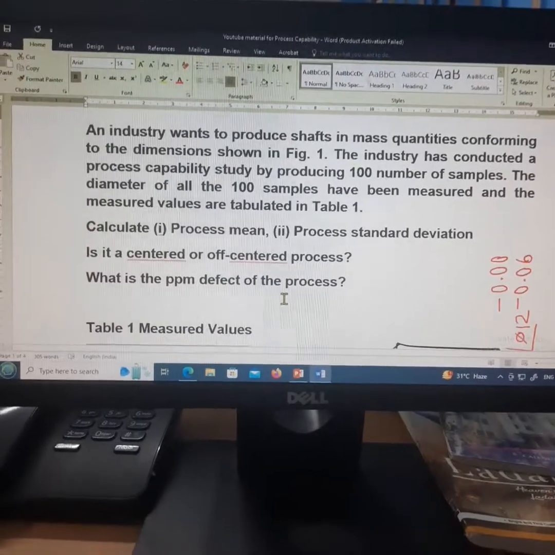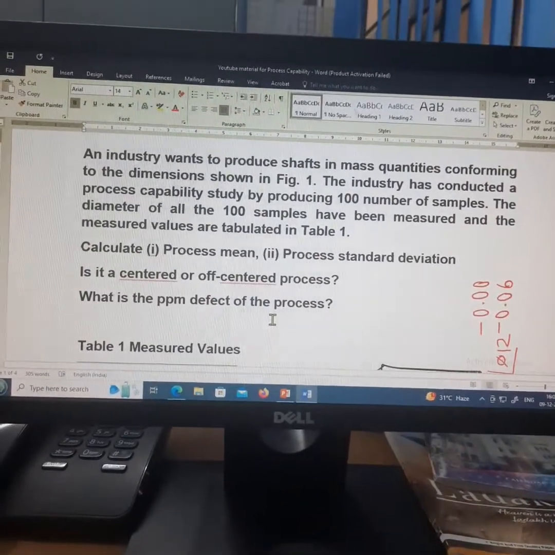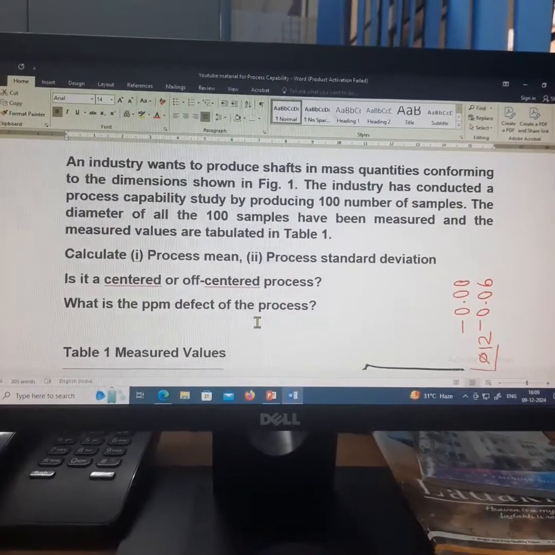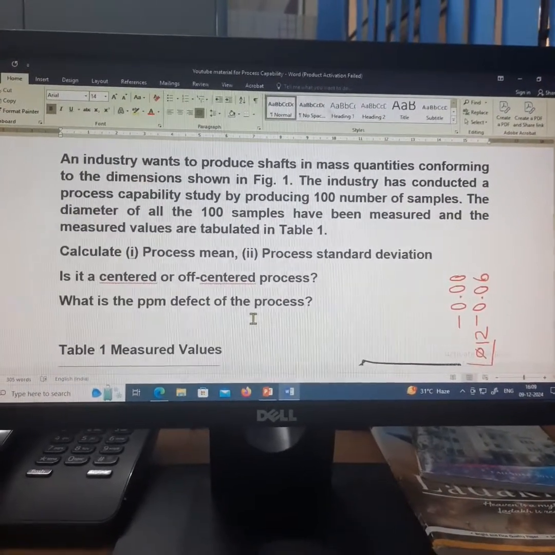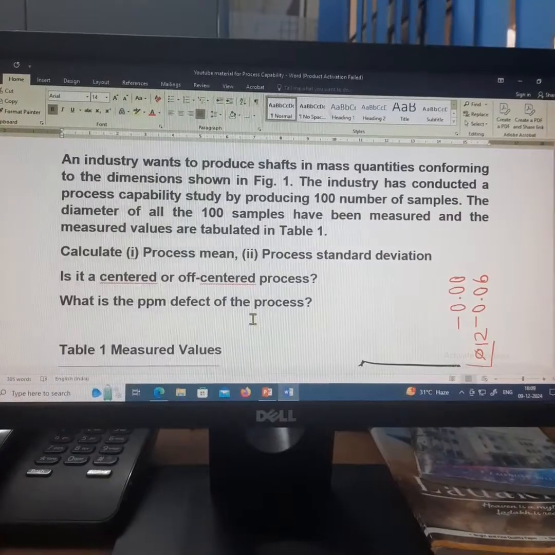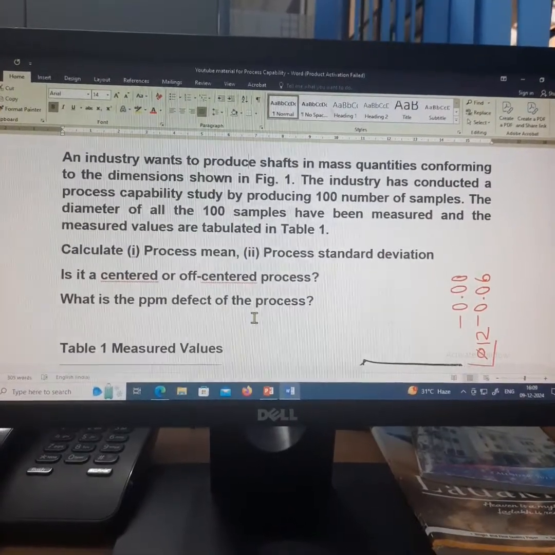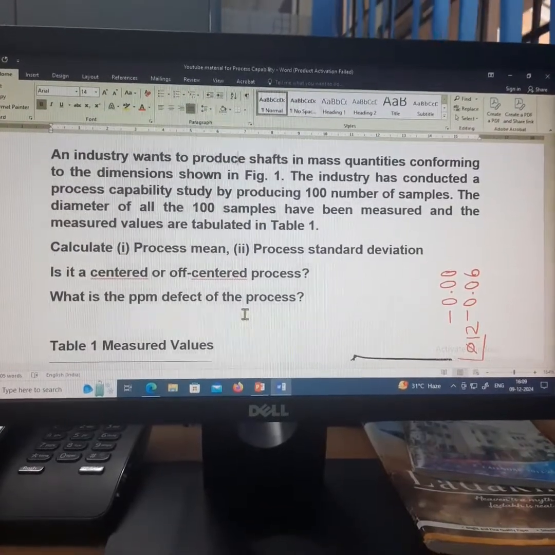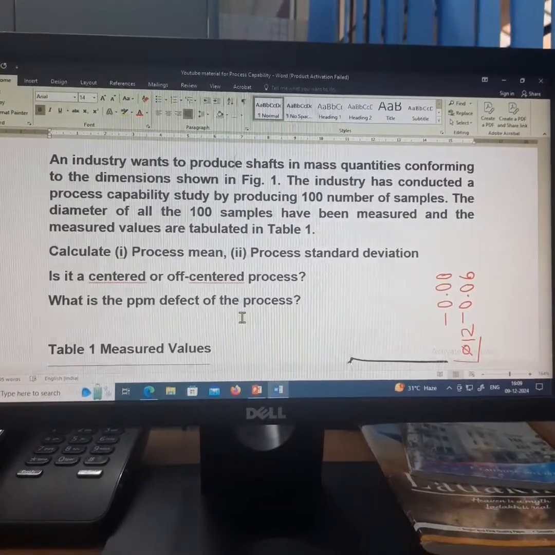Now read this problem. An industry wants to produce shafts in mass quantities conforming to the dimensions shown in the figure. The industry has conducted a process capability study by producing 100 samples.